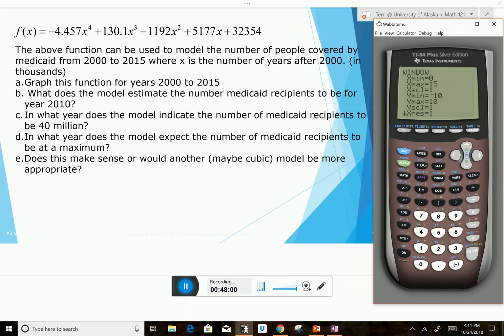So I'm not sure if that is the minimum or the maximum. So I want to be around and close to that number. So let's just do 10,000 to 60,000 and see if that works.